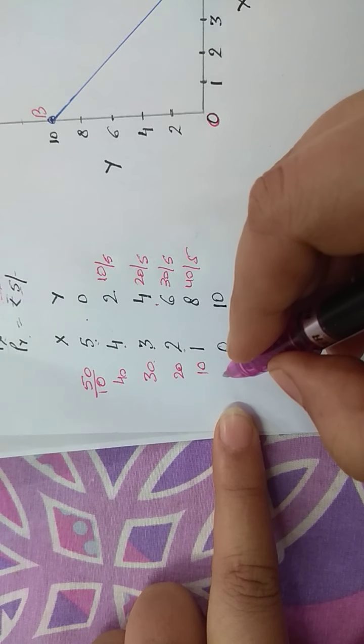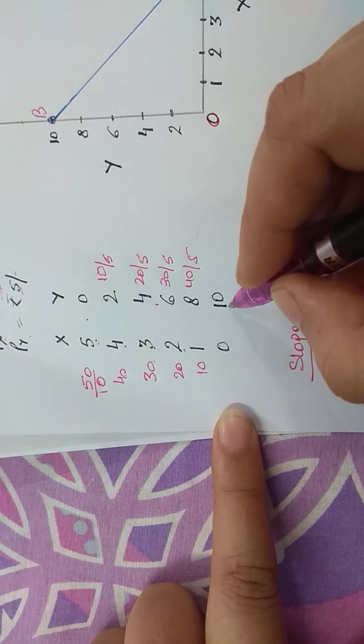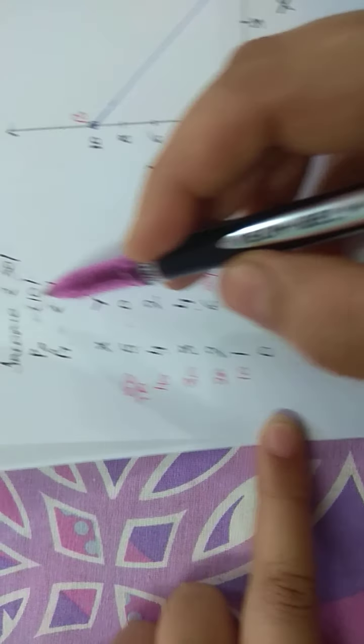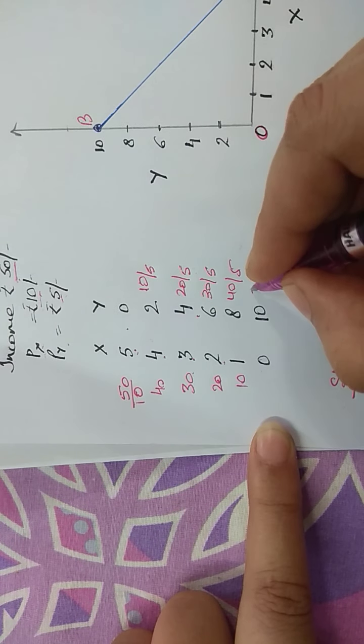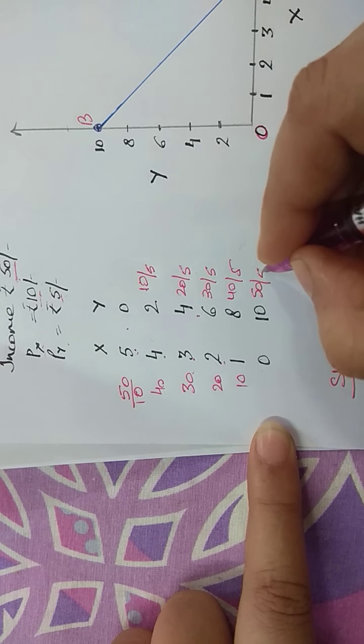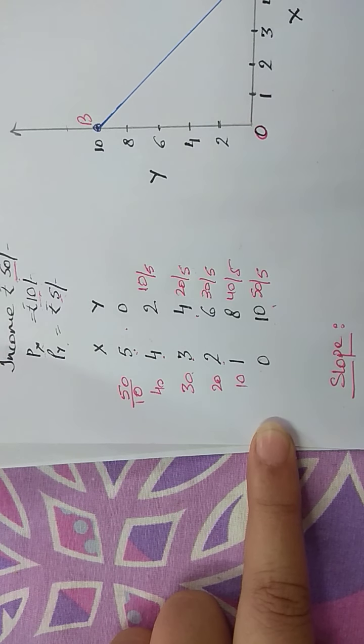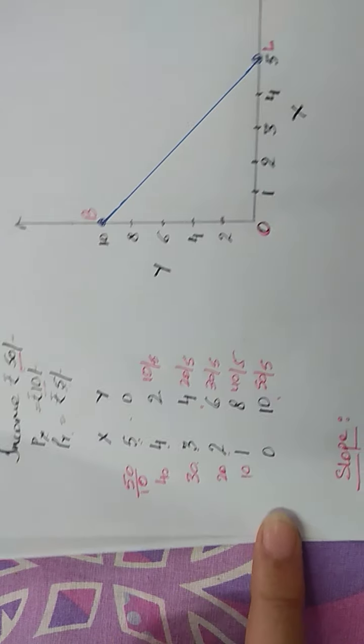And if he does not consume X at all, he spends the entire 50 rupees on the consumption of commodity Y, and he is able to purchase 10 units of the commodity.